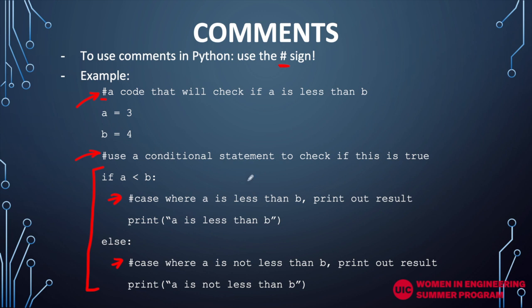So these are basically what you should do when commenting, or if you're a little lost about what to comment, these are some good guidelines to help you when you're coding your own code. What I would also advise you not to do is comment out every single line of code that you have, because it will get a bit tedious and it'll make your code look even messier than it was meant to be.